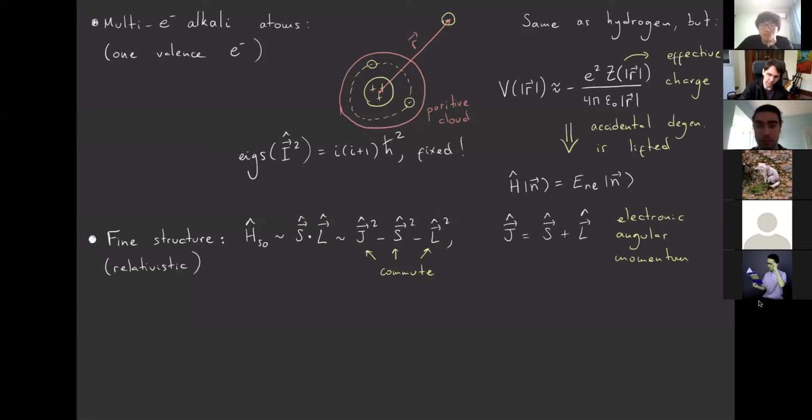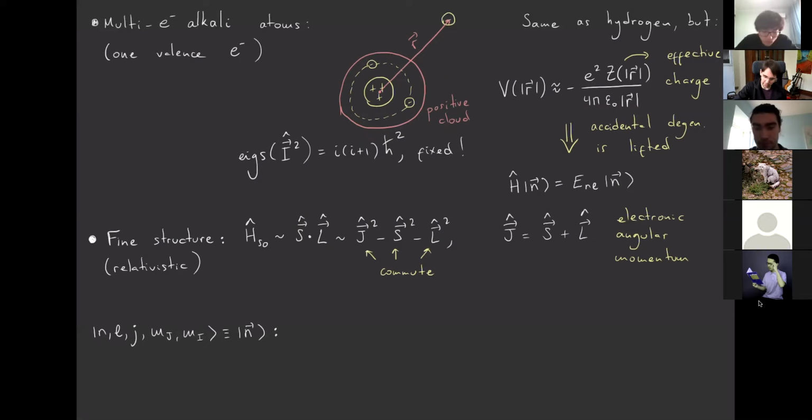So this automatically means that now the basis states in this Hilbert space will be denoted by, again, 5 quantum numbers, but we will no longer have MS and ML, but J and MJ. And of course, for the nuclear spin, we didn't change anything. So now the good quantum numbers are these ones here.